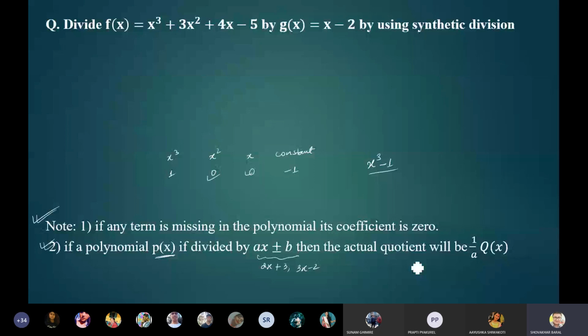I will focus on this part while solving the questions later, but I just want to remind you here, 1 by a times q(x). Okay, if it is 2x plus 3, then the actual quotient coefficient will be 1 upon 2 times the polynomial that you will get from the actual division process in the synthetic division.